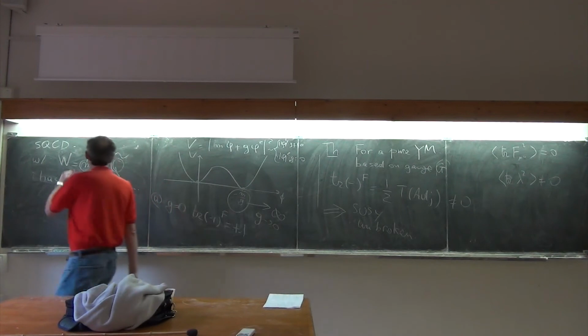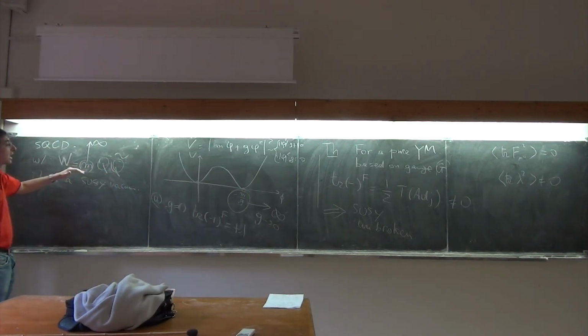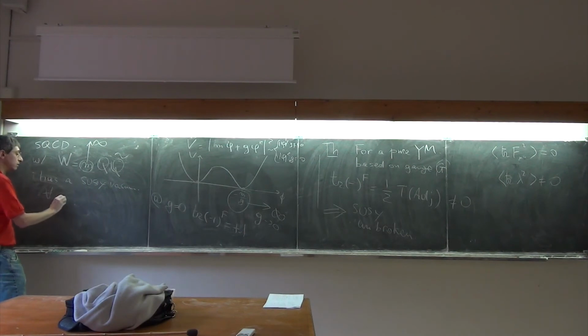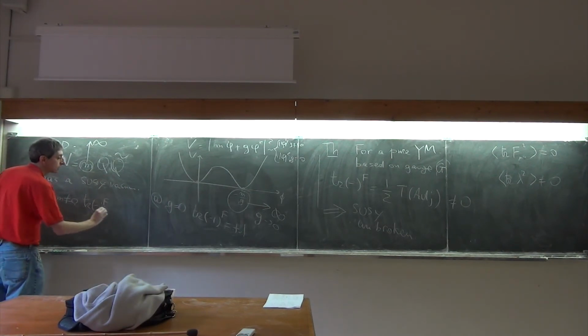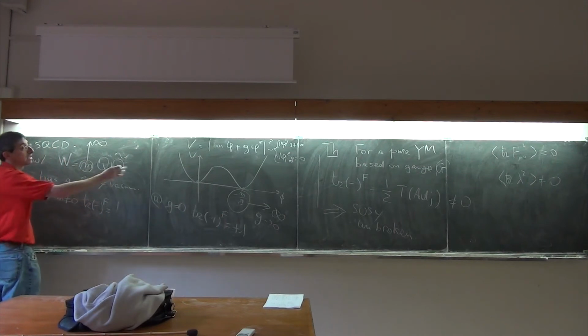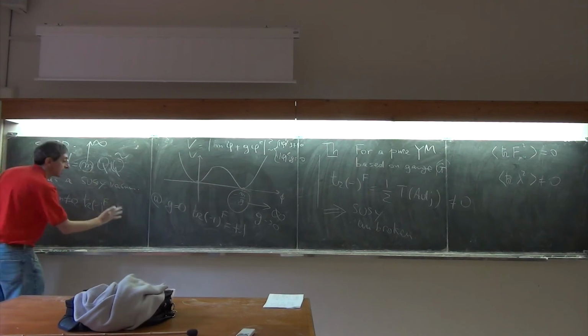Now, I can lower this mass without changing the boundary condition as long as I stay away from zero. As long as I stay away from zero, no matter how small this mass is, the boundary conditions of the potential will be the same. So for any non-zero mass, the Witten index is the same as half of the trace of the adjoint, which in this case is N_c.